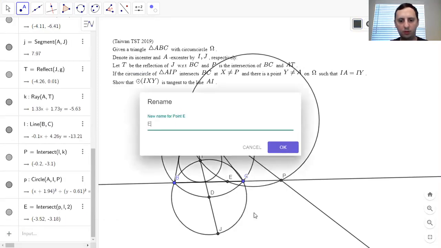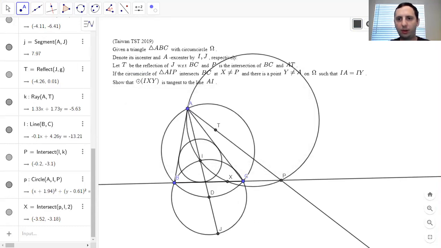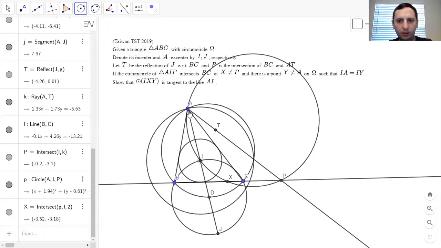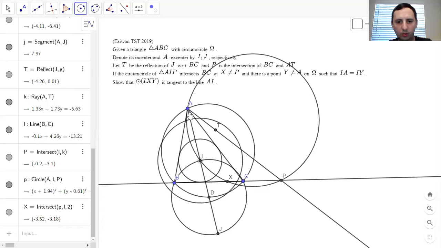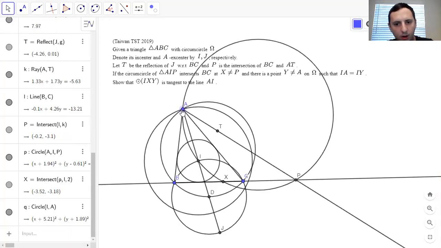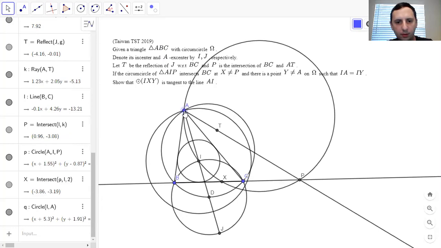And then there's a point Y so that IA is equal to IY. I'm going to use the circle tool. Y is on omega. Do these concur? I think these might concur. Let's see. Oh, no, they don't. So this point is Y.